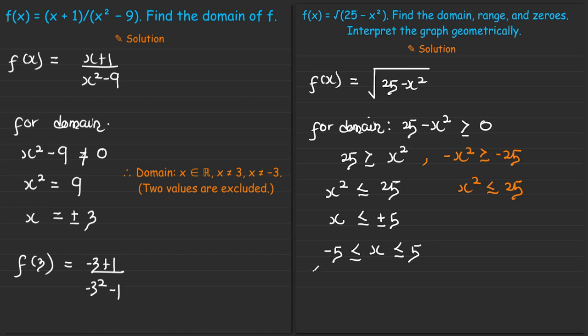If I take a smaller value outside this range, such as -6, that also gives us 36, and 25 minus 36 is also undefined. So it means the only domain of x is within this set.